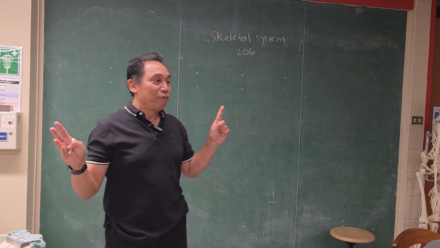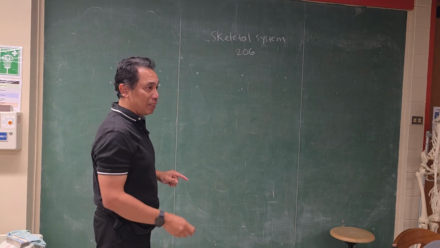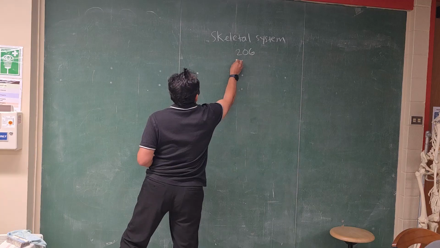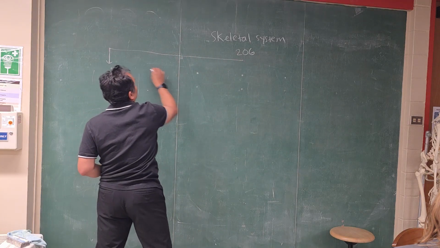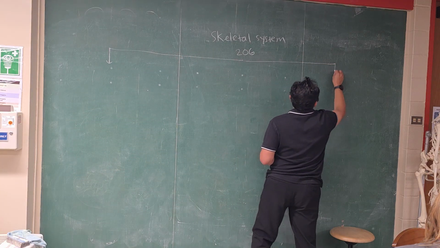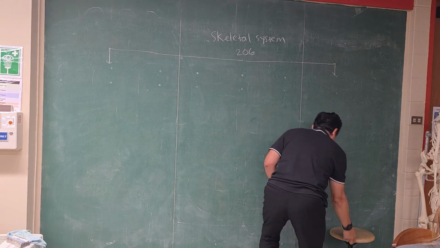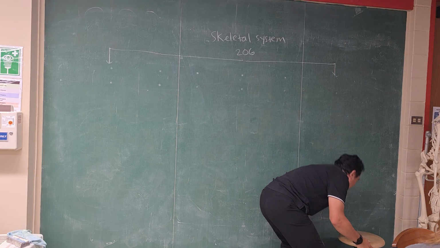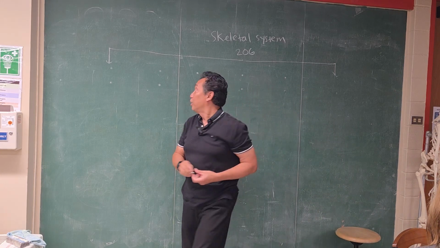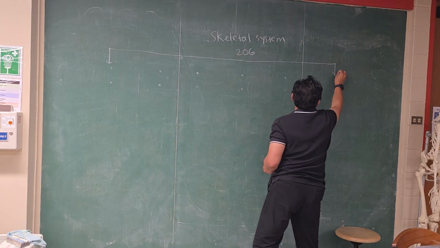Okay, now, these 206 total bones are actually divided into two types, right? So there are two types of skeleton.